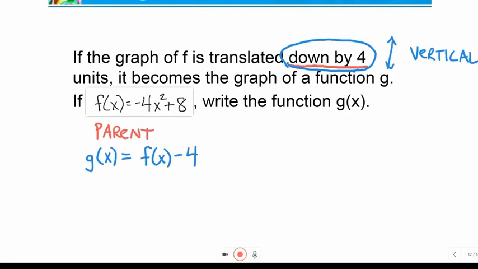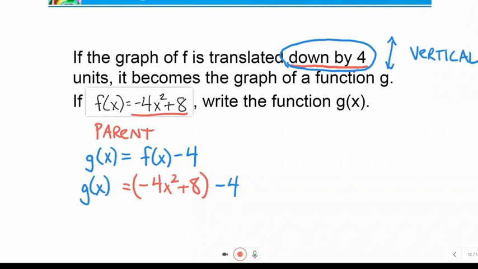Well, my function right here, negative 4x squared plus 8 is f of x. What I'm doing is I'm just subtracting 4 outside of the whole function to get my answer.